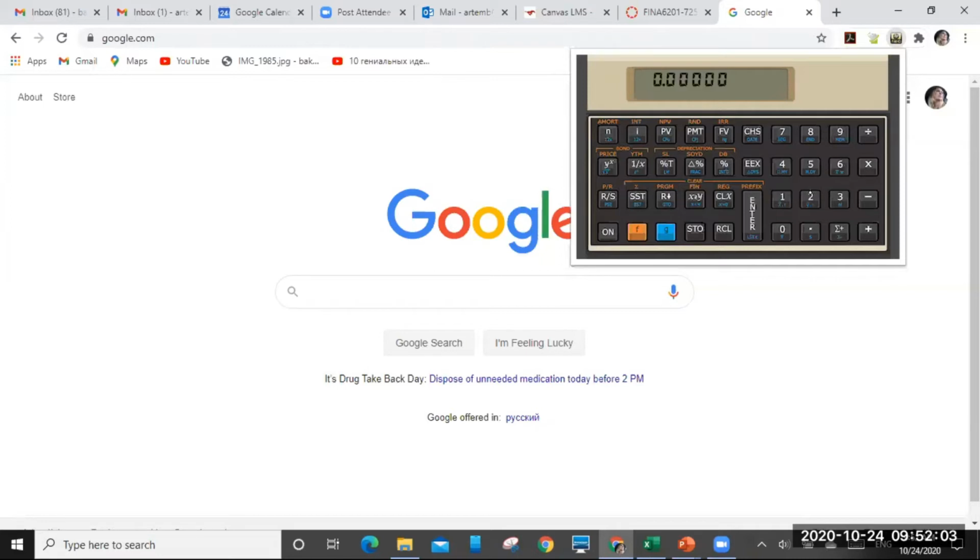If I enter 2.75 and then g CFj, and then the second payment is 2.91, enter, 52.03 plus.